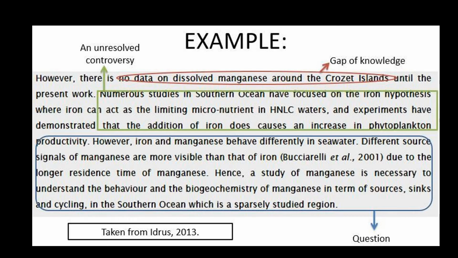In the first line, I highlight the gap of knowledge about the research that I am going to do. After that, I cited the unresolved controversy of the research. Next is the research question that will address this particular problem.